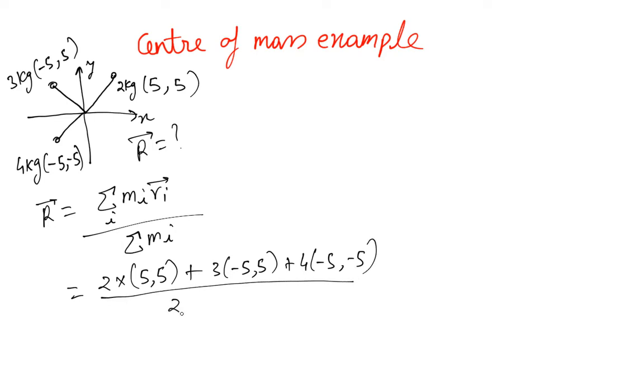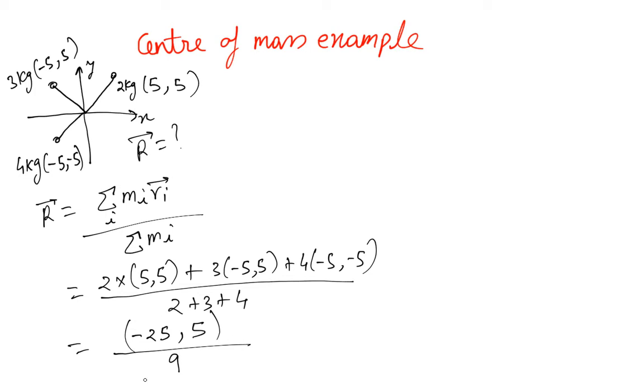divided by 2 plus 3 plus 4, and this is nothing but 15 and 20 gives 35, minus 10 is minus 25, comma 10 and again this, well, 15, 5 to the 10, 25 minus 20 is 5, divided by 9.